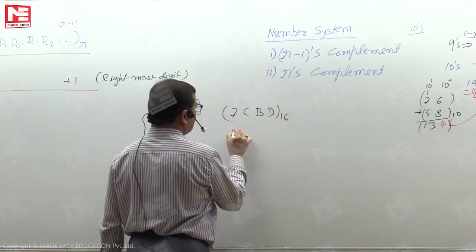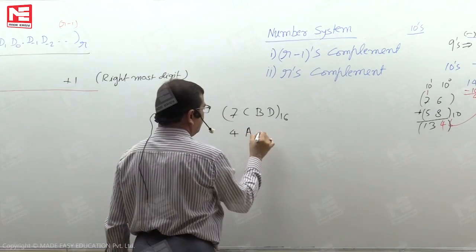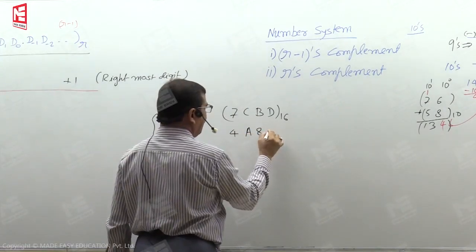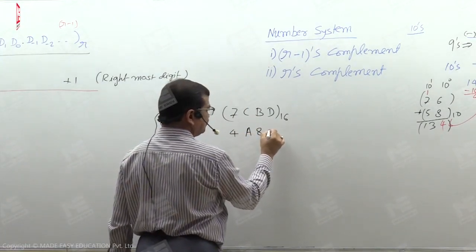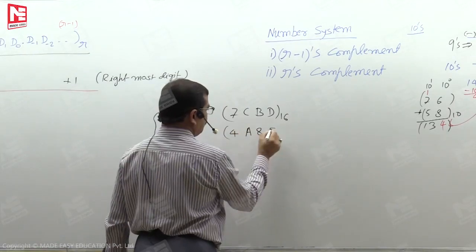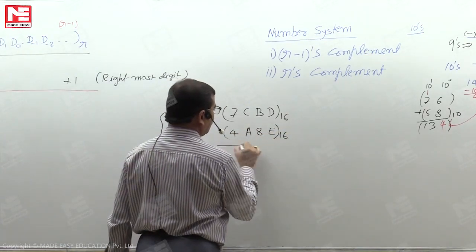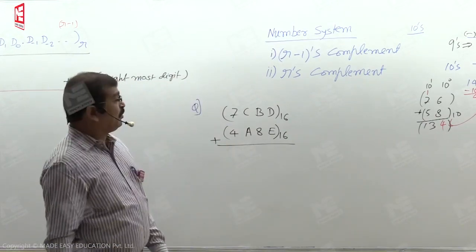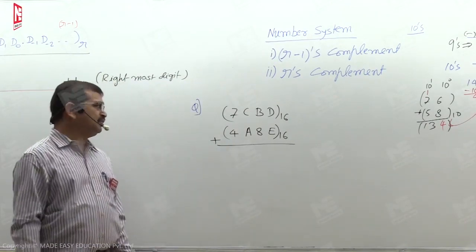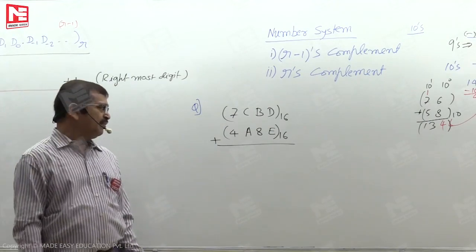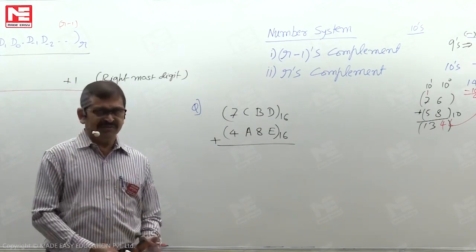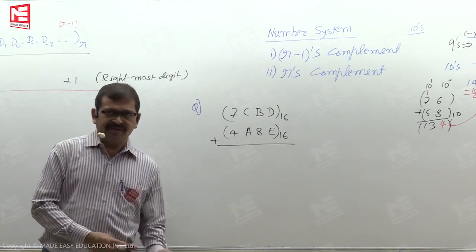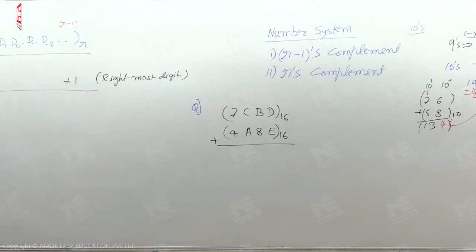The given two hexadecimal numbers are 7CBD, one number, and the other number is 4AE8. So just take some time and try. In the meantime, I will work a little later.